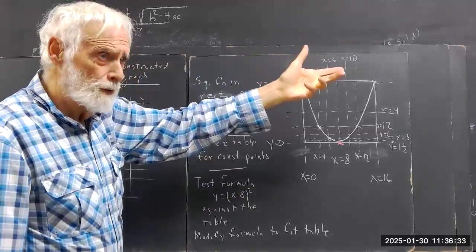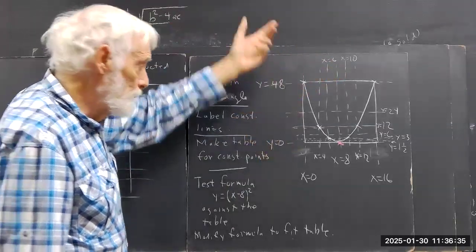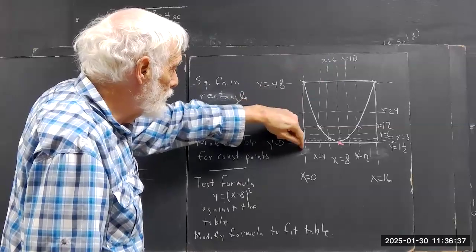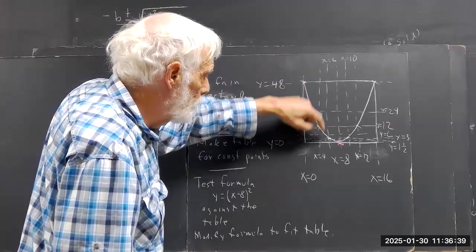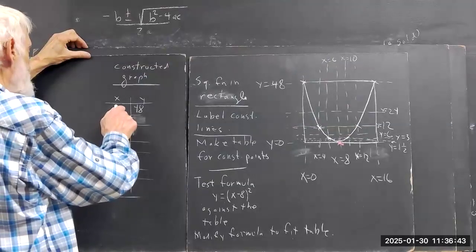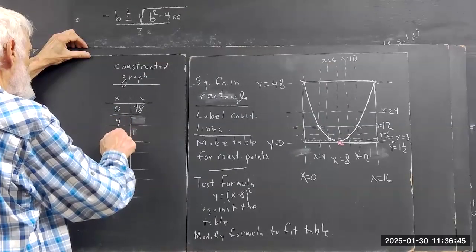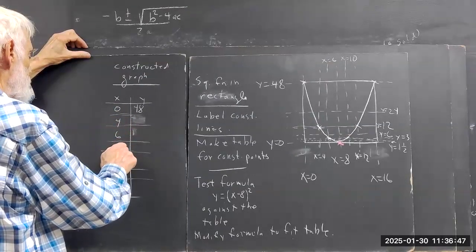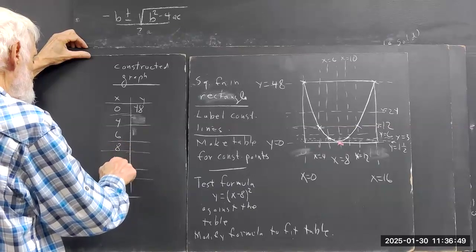I was doing something else last class and my brain just started straight. Okay, so we got 0, 4, 6, 10, 12, and 16. And 8, of course.